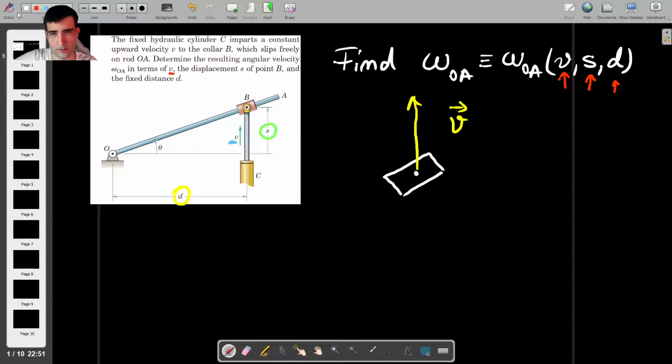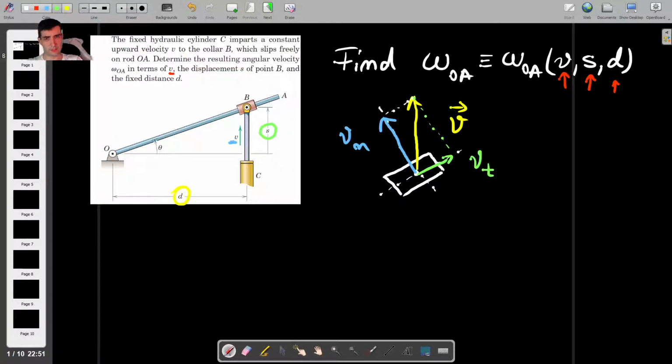Which means that this collar has two velocity components. One velocity component is parallel to it, and the other one is perpendicular to it. This one I'm going to call Vn, for the normal component, and this one I'm going to call Vt, for the tangential component.